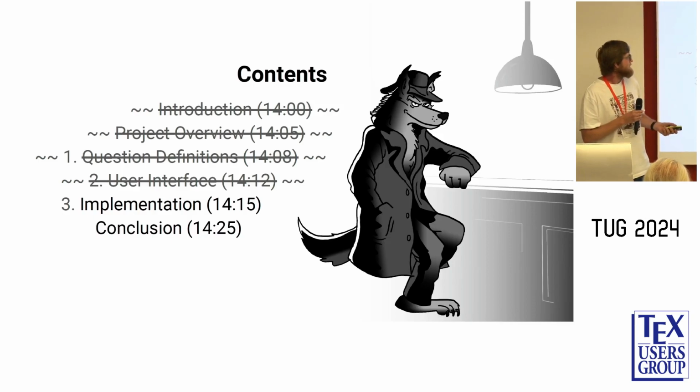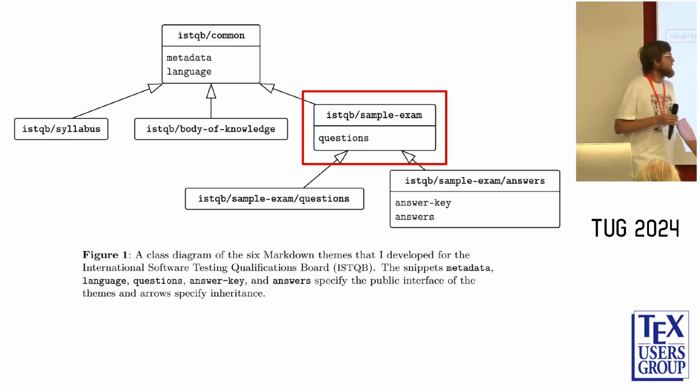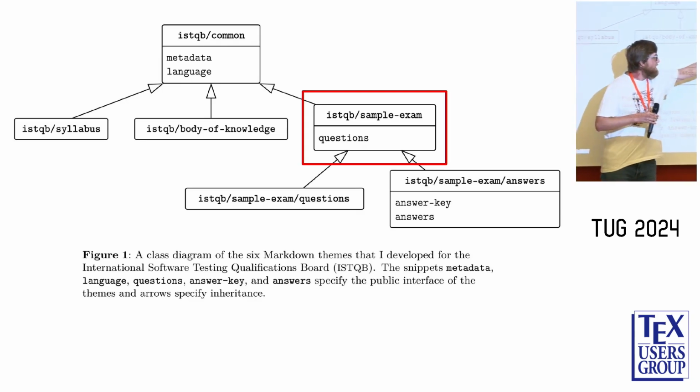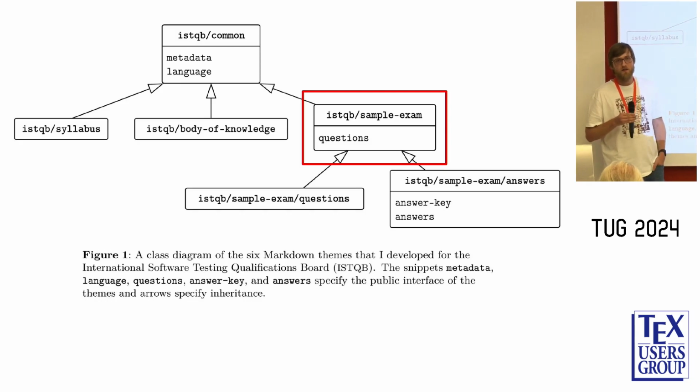So let's talk about how this is actually done in the theme. I'm going to focus on the preprint, which you can find on the conference website. I discuss the entire code of these three themes, the ISTQB/sample exam star themes.